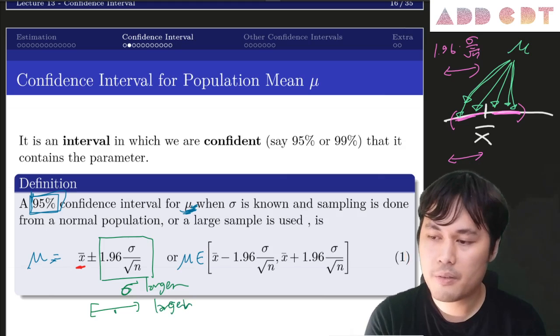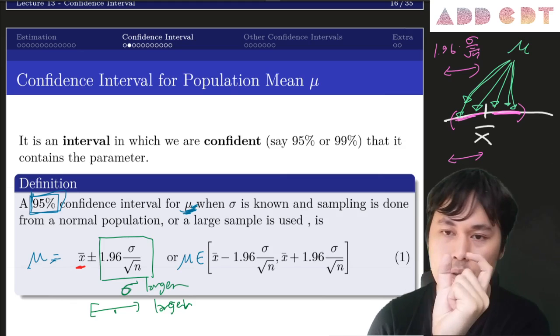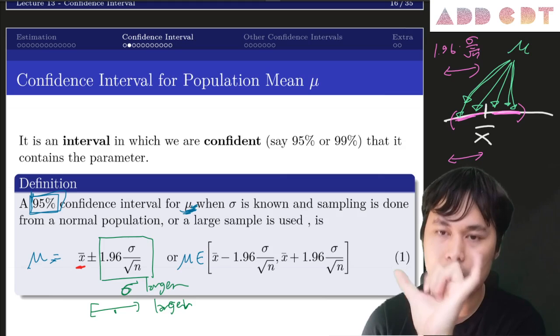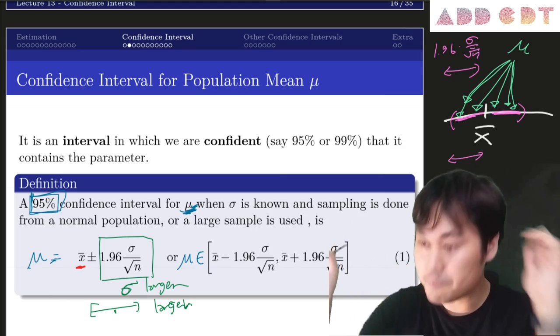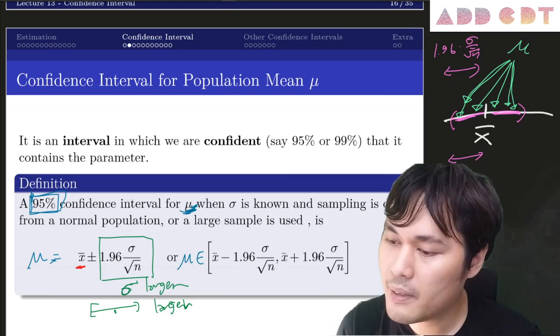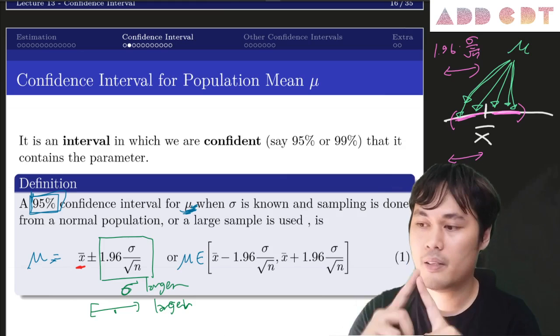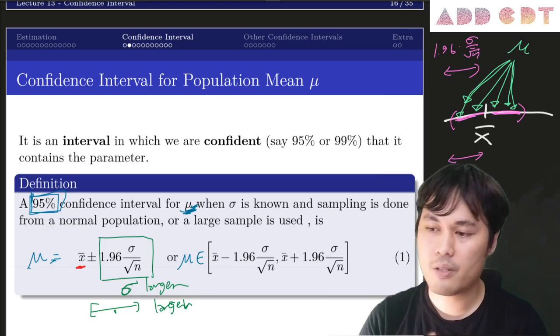If sigma is 1, you get that interval. If sigma is 2, you get that interval. If sigma is 3, you get that interval. 4, 5, 6, and so on. Does that make sense? By the way, sigma, the standard deviation, measures the spread.